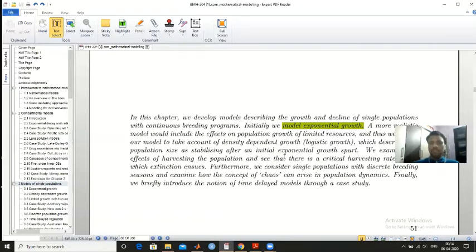Initially, we model exponential growth. There are different types of models for population growth, but there are some cases where populations grow exponentially. First of all, we discuss this type of model.